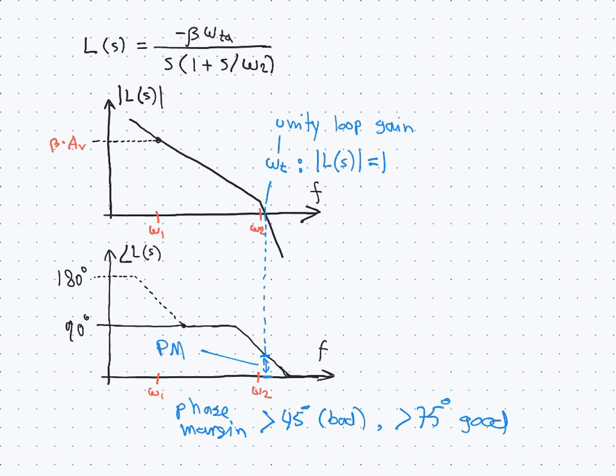Now, it is fairly simple to find out what the phase margin is with the two-pole model here. So if we set S equal to J times the frequency at which the loop gain is 1, and then we find the phase up in this equation here, we can see the phase from this one here is 180. We got the phase from the J omega t here, that is 90.